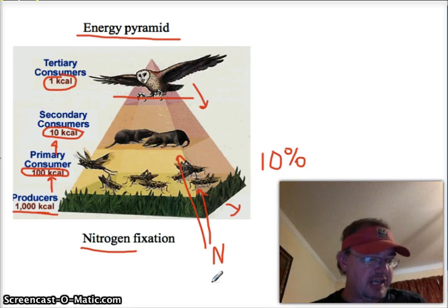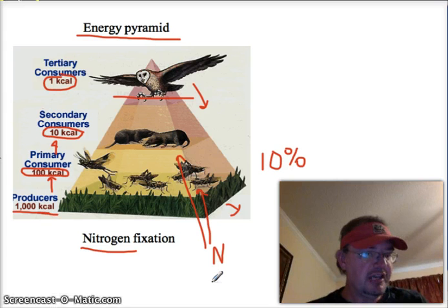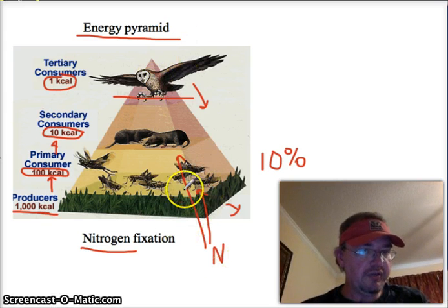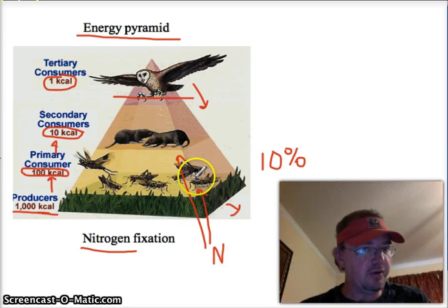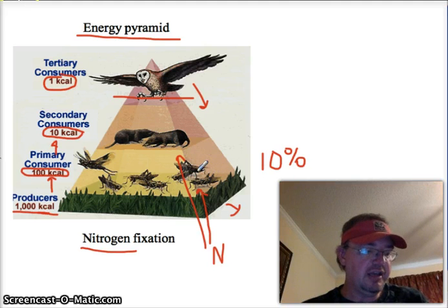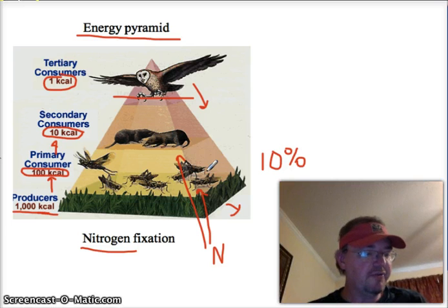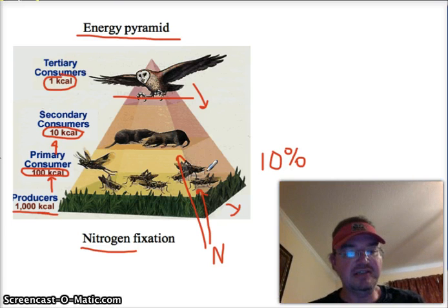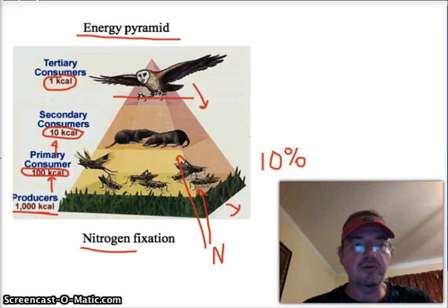Now, consumers eat these foods, and nitrogen ends up being stored in all these foods, all these organisms that are on the food chain. And they let the nitrogen go in their waste and whenever they decompose. And that process is called the nitrogen cycle.